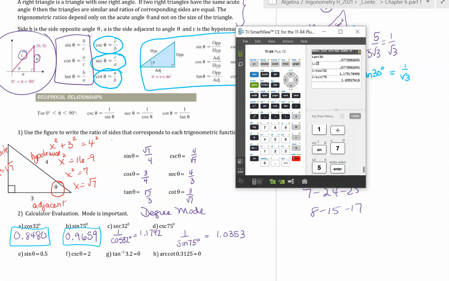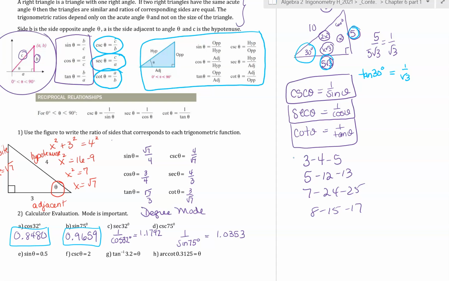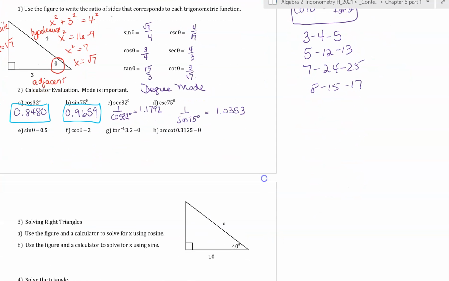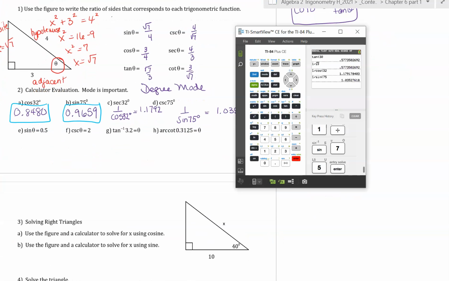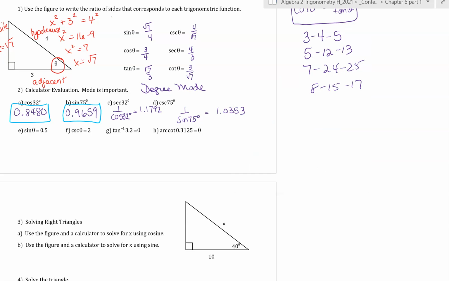Now, notice some of them look a little weird, but this time I'm not asking you to find the cosine or the sine of an angle. I'm asking you to find the angle itself. So we need the inverse button to do that. So let's think about it. First of all, I say sine inverse of 1/2, for example, because notice this first one I'm saying the sine of theta is 1/2.